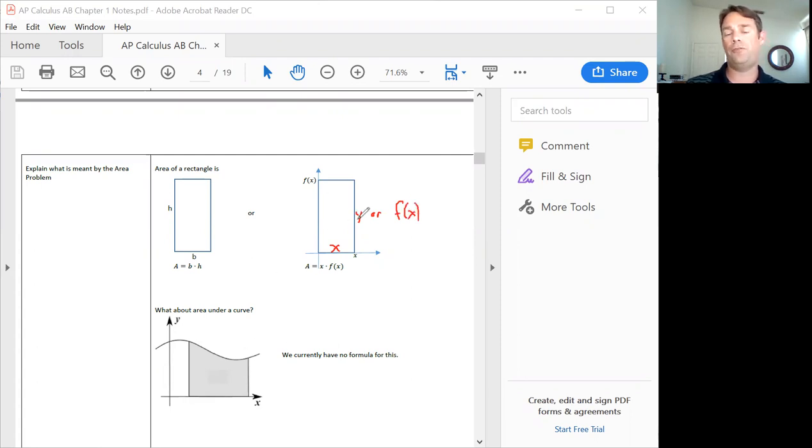So we are really good at finding the area of rectangles or triangles or trapezoids. But what happens if I've got a funky shape? If I've got a funky shape like this, there is no rectangle that would fit it. For instance, if I were to build my rectangle here, my area would be too much. We call that an over approximation.